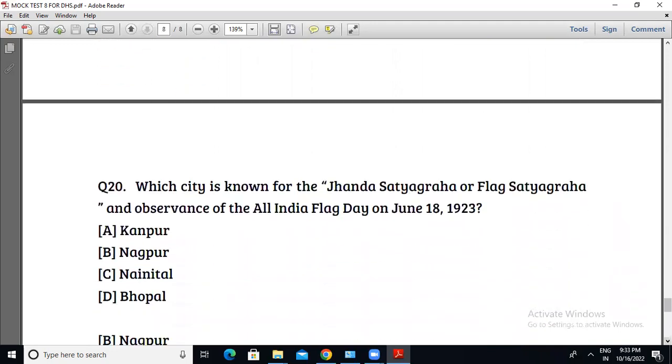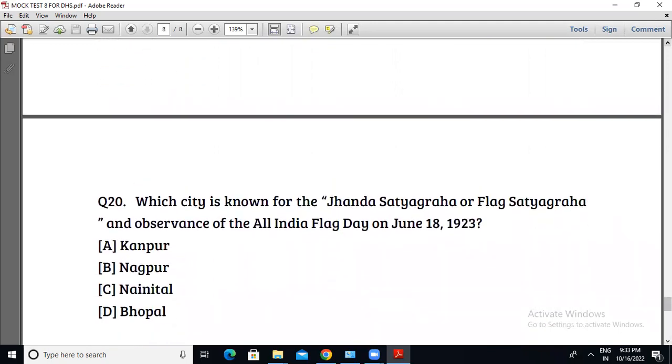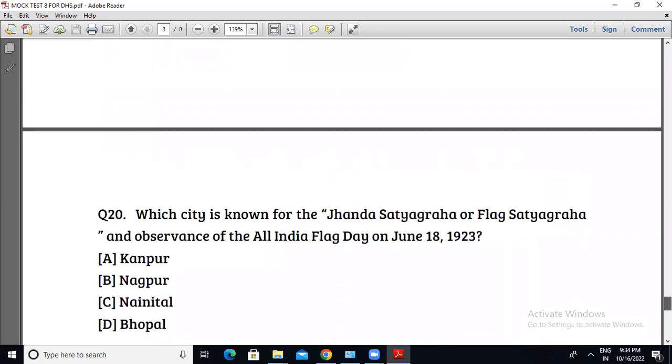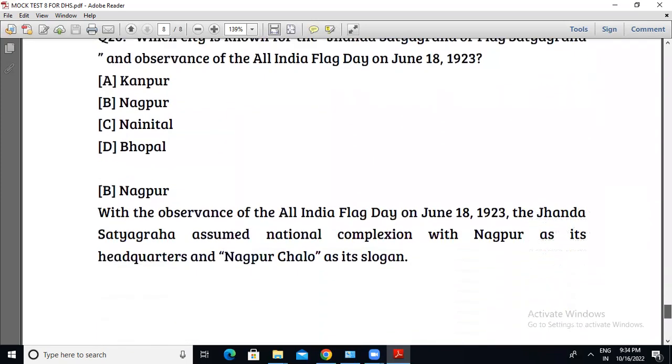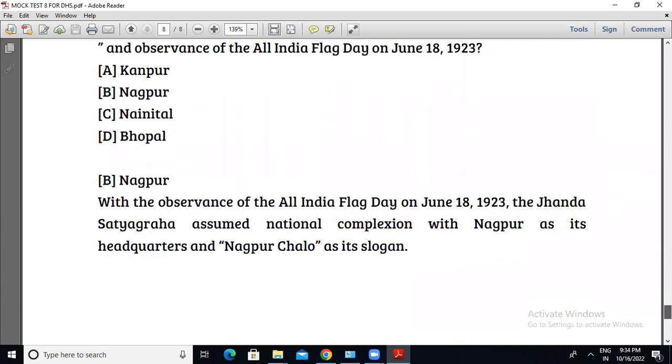Next question, which city is known for Jhanda Satyagraha or Flag Satyagraha, with the observance of All India Flag Day on June 18, 1923? Jhanda Satyagraha বা Flag Satyagraha আৰু All India Flag Day 18 জুন 1923 ৰ পৰা পালন কৰা হৈছে, সেইখন হৈছে নাগপুৰ, option B correct.